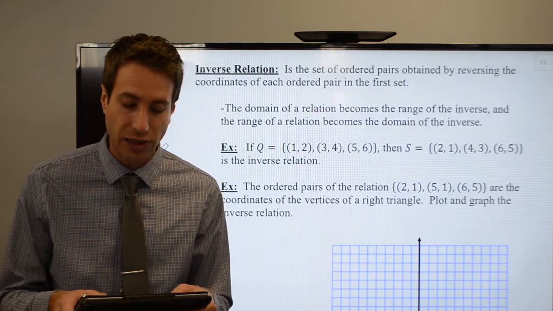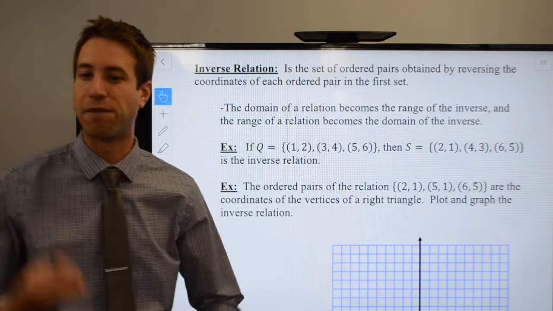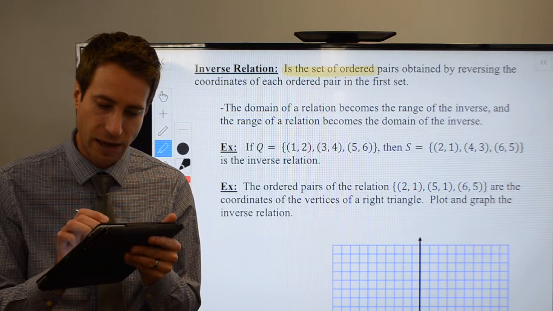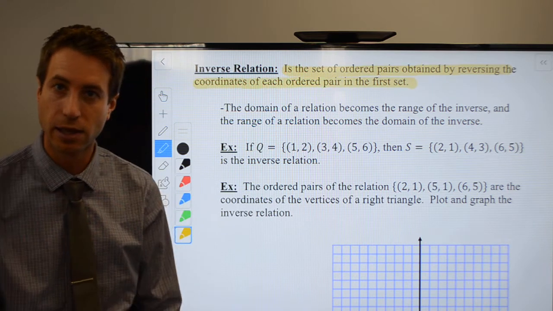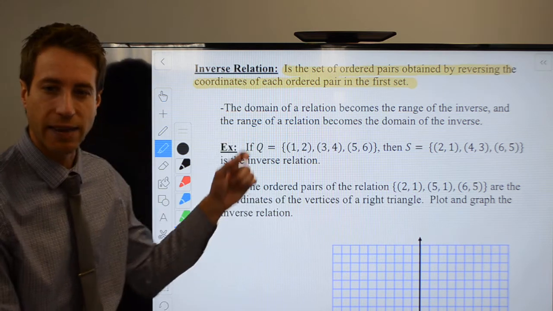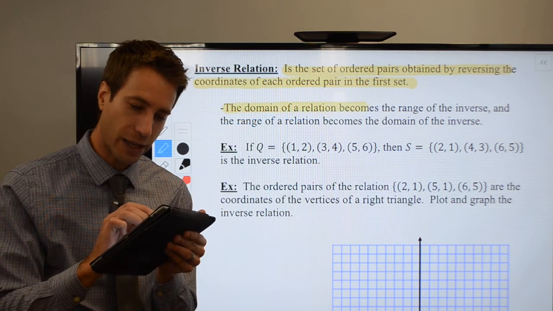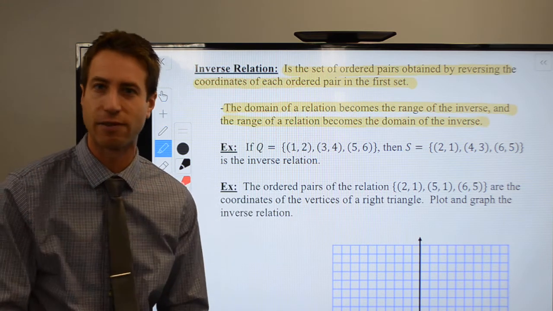Now remember, a relation is simply a set of ordered pairs. Now finding an inverse relation is incredibly easy. It's the set of ordered pairs obtained by reversing the coordinates of the first set of ordered pairs. So here we go, I give you an example right here. The domain of the relation becomes the range of the inverse, and the range of the relation becomes the domain of the inverse.